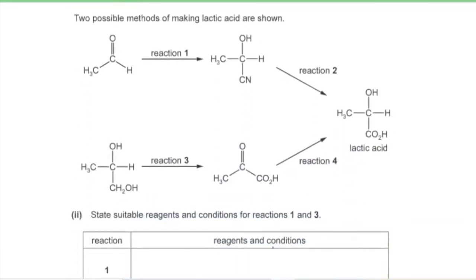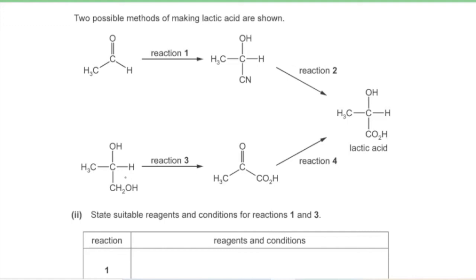Part 2, two possible methods of making lactic acid are shown. Part 2 states suitable reagents and conditions for reactions 1 and 3. So reaction 1 is aldehyde group to nitrile group and also alcohol group, which is a nucleophilic addition reaction. Now reaction 2 is nitrile group to carboxylic acid group, which is addition of HCl and water.